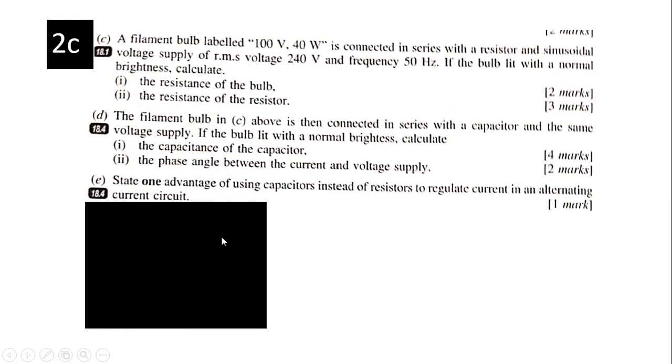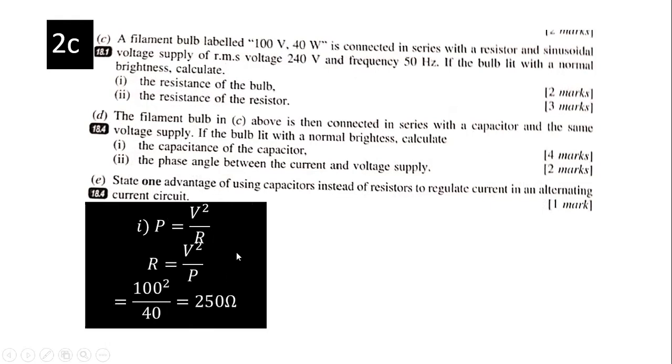So this is basically testing your DC circuit. Formula P is V squared over R. So we want to find R, V squared over P. V is 100, squared, P is 40. So it's 250 ohm.